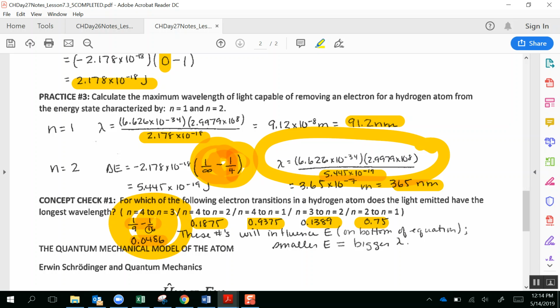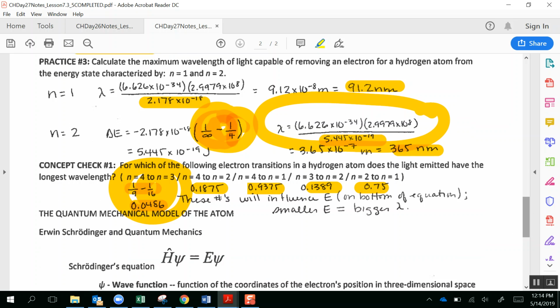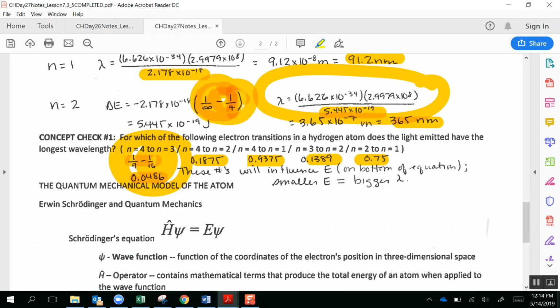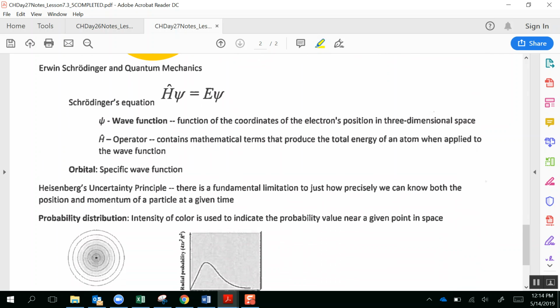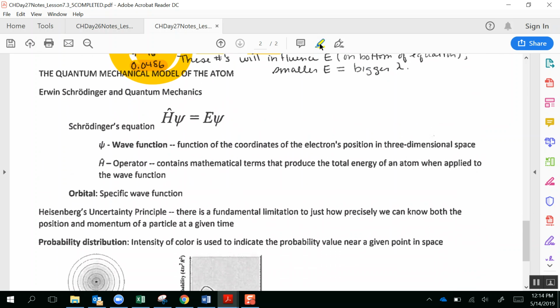Kind of process that one a while. If you have questions, please don't hesitate to ask. And then with Schrodinger and quantum mechanics, Schrodinger's wave equations, if you take a physical chemistry course, you'll get more of these, but it looks very, very Greek. The wave equation shows where the electron's position is in three-dimensional space.